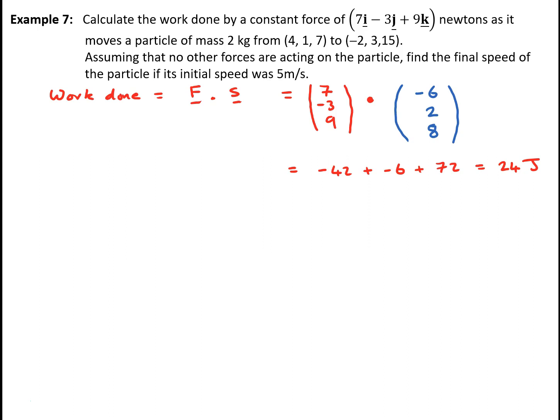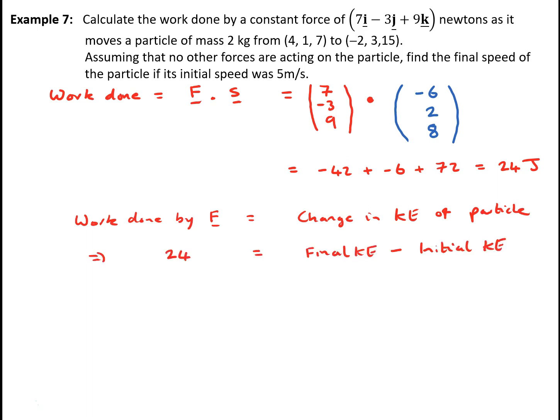Since there are no other forces acting on the particle, we can say that the work done by the force gives us the change in the kinetic energy of the particle. So we've got 24 joules is the final kinetic energy minus the initial kinetic energy. We know that the initial speed of the particle is 5 meters per second.